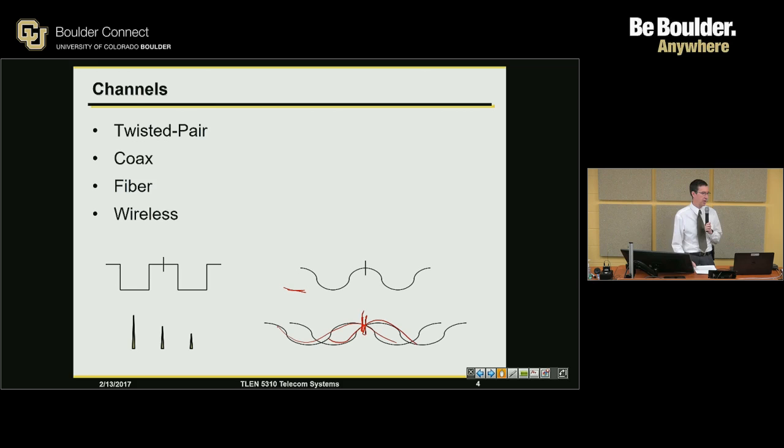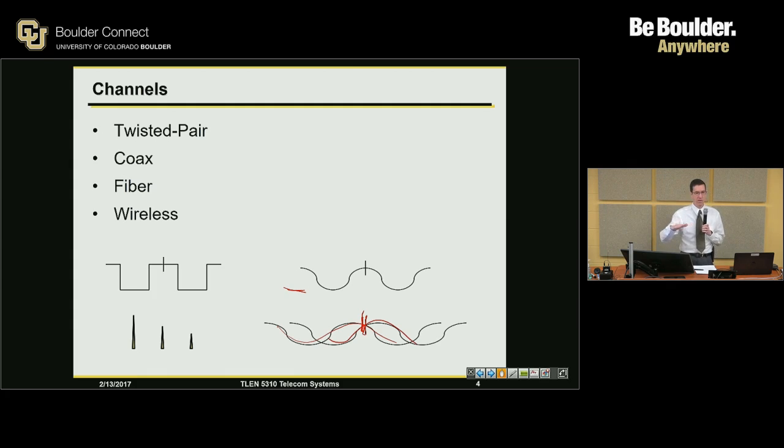I like the term regenerator better than repeater. Some people will say repeater, but repeater can also apply to analog signals. And in the analog world, when you do an analog repeater, it amplifies both the noise and the signal. So after a while, you can no longer amplify it anymore. But in the digital space, where you use a regenerator, you regenerate the signal and the noise is eliminated again.